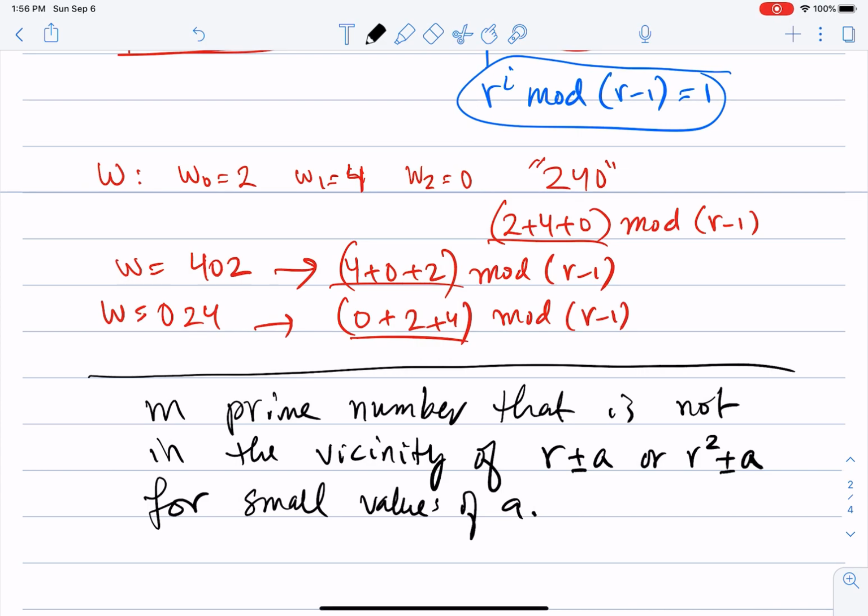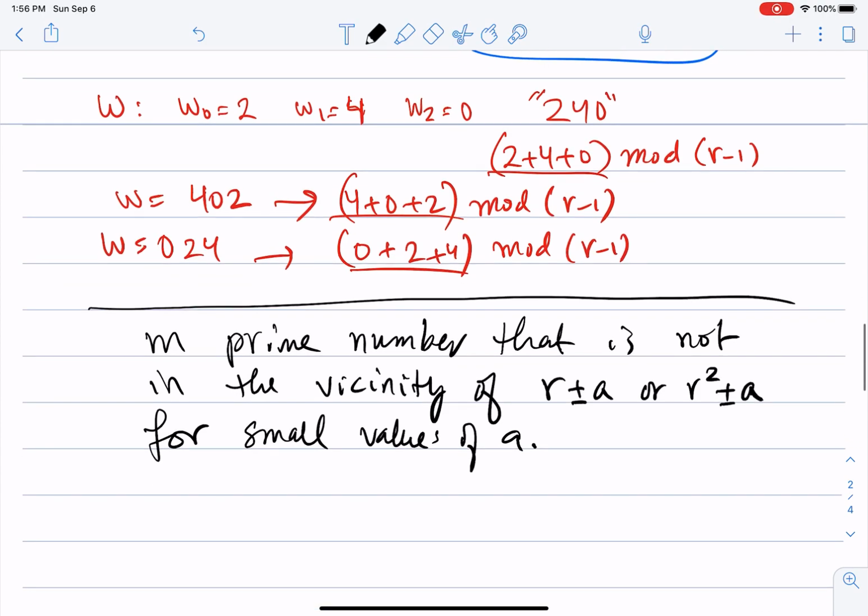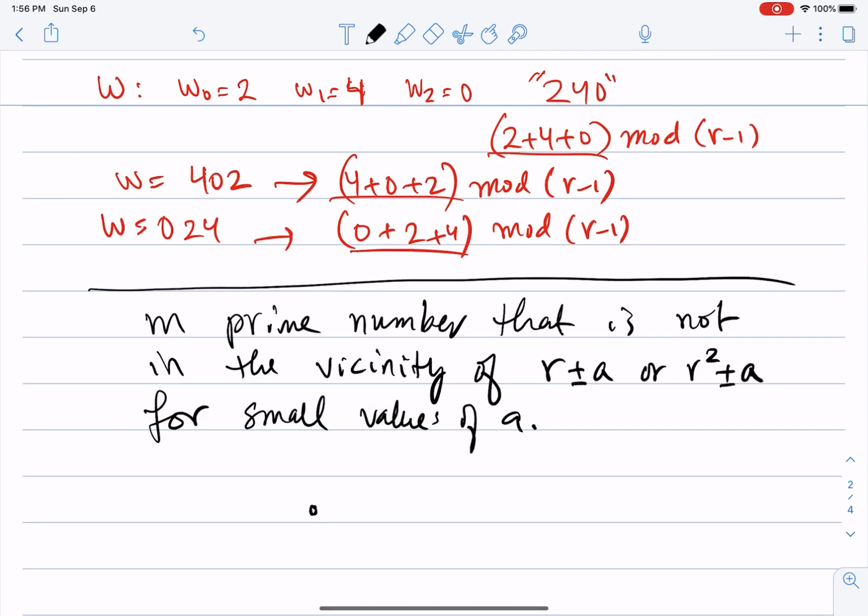Okay, so remember that I said R minus 1 is not good, and if you take a to be 1, then R minus 1 is one of those. So look, here's R and here is R squared.